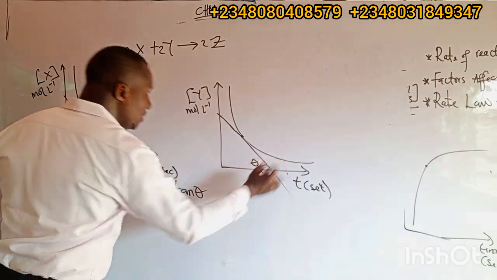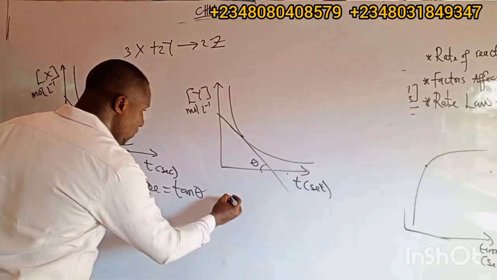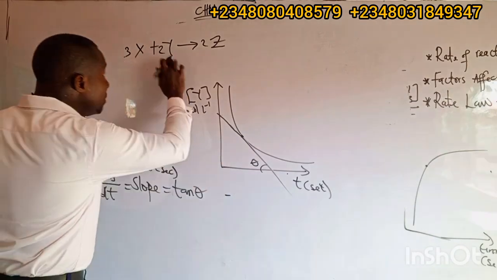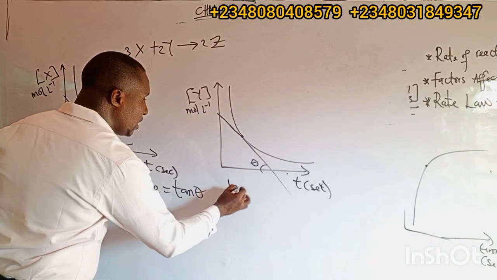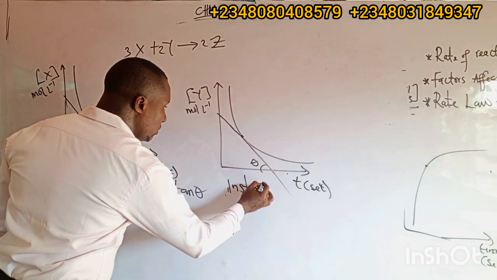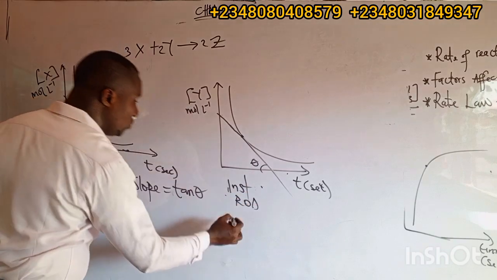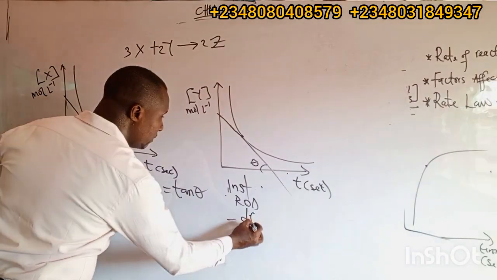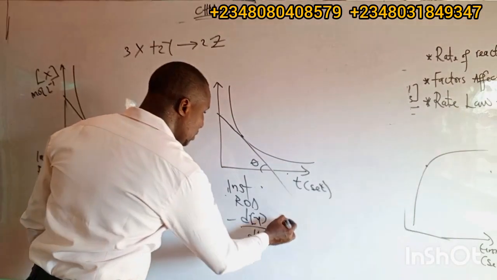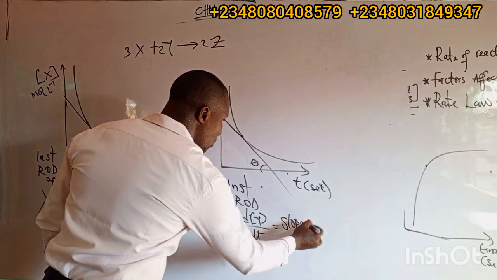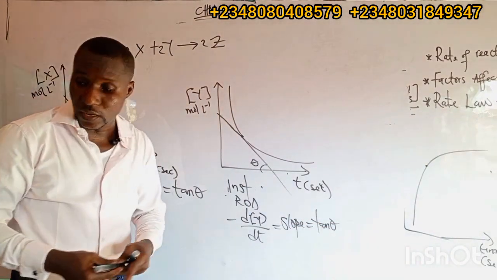You have then the slope or the rate of disappearance for this. Instantaneous rate of disappearance, minus dy dt equal to, which is the slope, equal to what? Tan theta. Take note of that, tan theta.